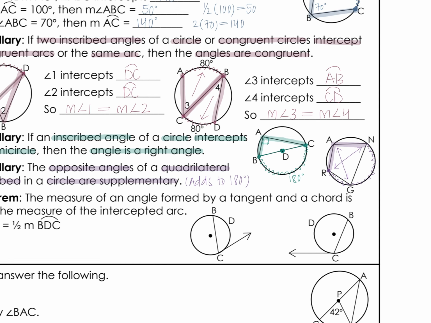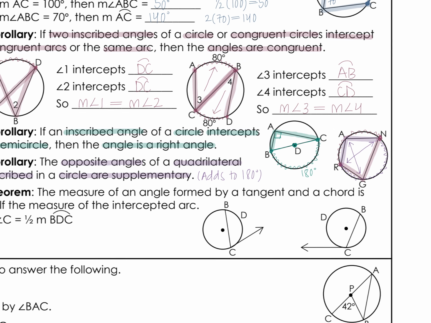And then if I look over here at the opposite angle and its intercepted arc, I would start at that R, go to A, then to N. You'll notice that with those two inscribed angles, we have now, in a sense, outlined the entire circle. We know an entire circle is 360 degrees, and since these are inscribed angles, half of 360 degrees is 180. And so that's where we're getting that these opposite angles are going to add up to 180.